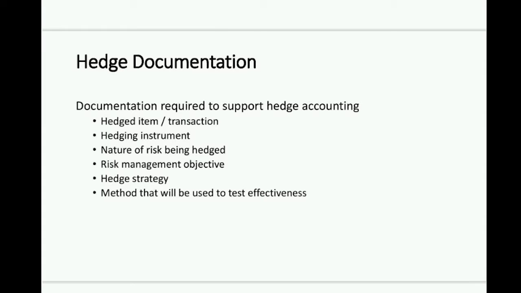What hedging instrument are you using to hedge the particular item? What is exactly the nature of the risk that you're hedging? Is it a foreign currency risk? Is it an interest rate risk, etc.? What is your risk management objective? So what are you trying to get? So obviously, at an overall level, what you're trying to do is to reduce volatility, but more specifically, what is it exactly that you're trying to achieve in terms of your risk management strategy?